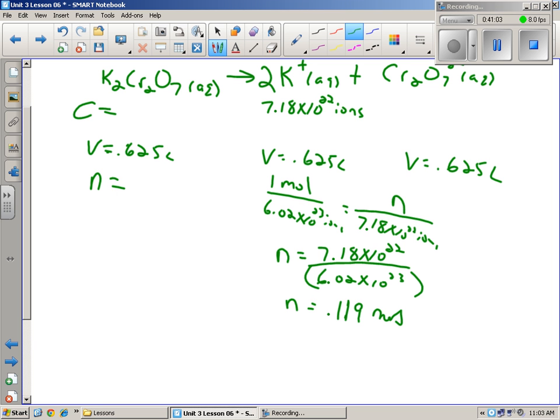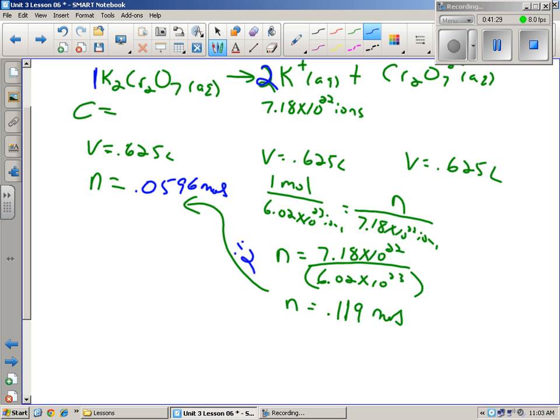Okay? We know how many moles we have for that now, so we know this, right? How am I going to get there? Well, look, once again, 2 to 1 ratio. Divide by 2. So divide by 2, and I get about 0.0596 moles. There.